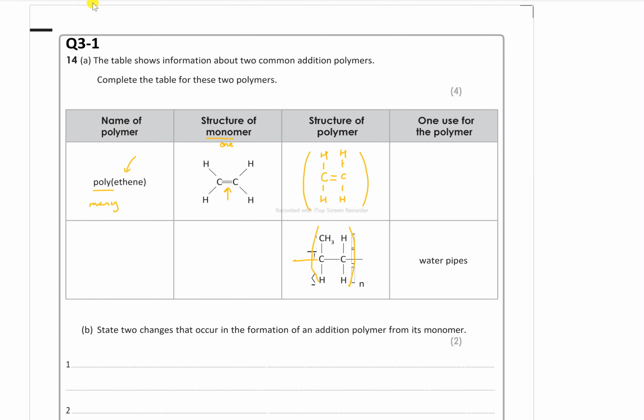Then what I do in my head is remove one of the bonds, there you go. And then I extend, so I've got one there, one I've deleted, and then I draw these. It has to cross the brackets and you stick a little n there. That's the structure of the polymer.